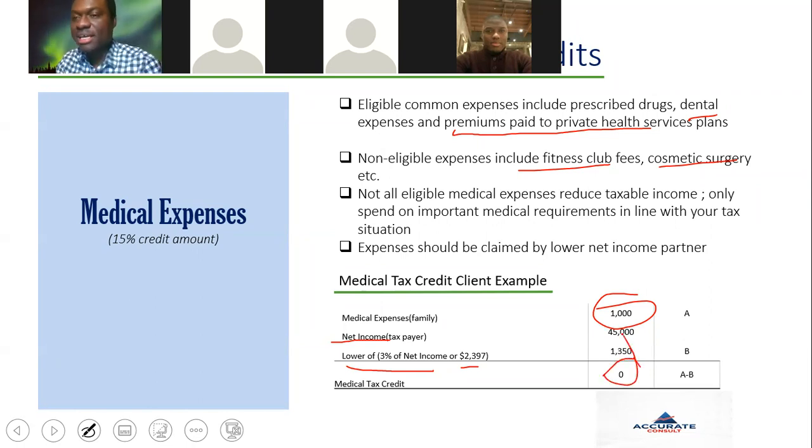Zero. So in this case, the client spends $1,000 on medical expenses, but it does not benefit from any tax credits. So the advice is, if it's not urgent, it's not important, just wait and look at your tax scenario for that year: will my net income be able to allow me to benefit from these credits?